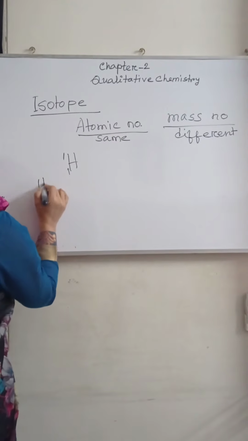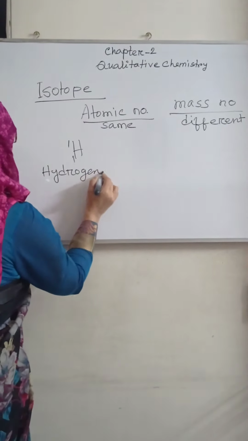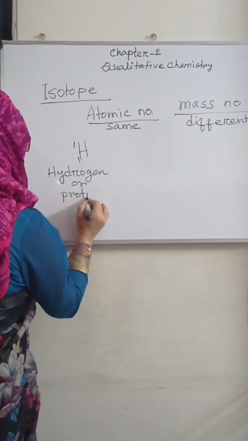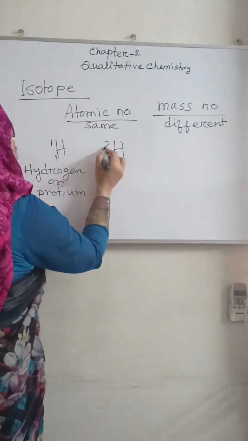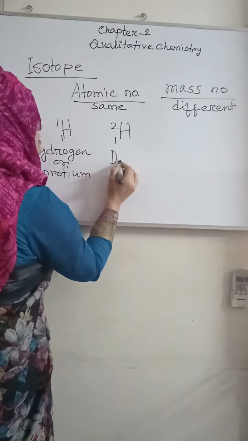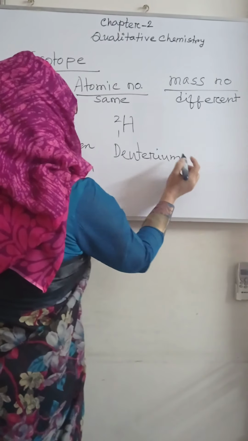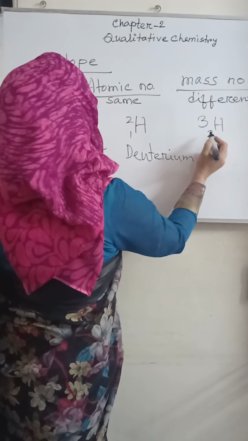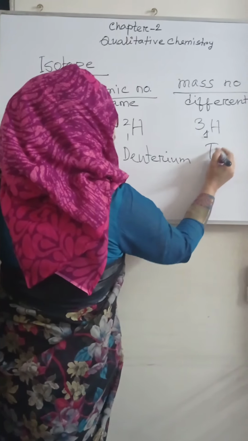H-1, that is hydrogen or protium, H-2, this is deuterium, and this is tritium.